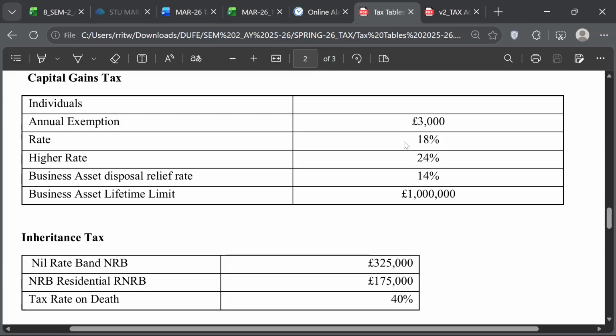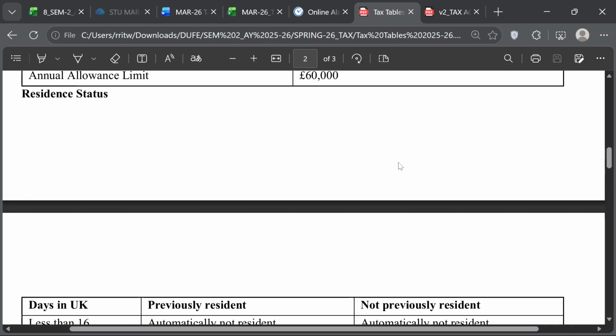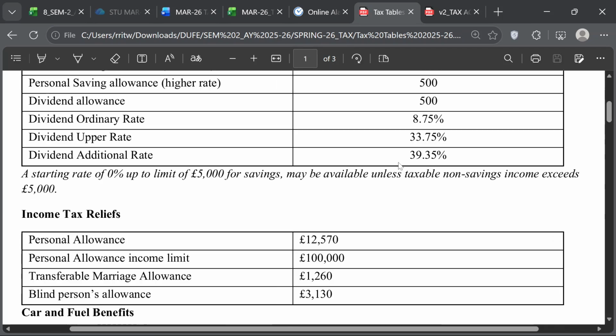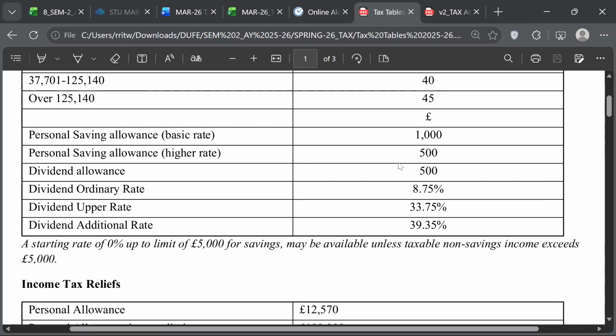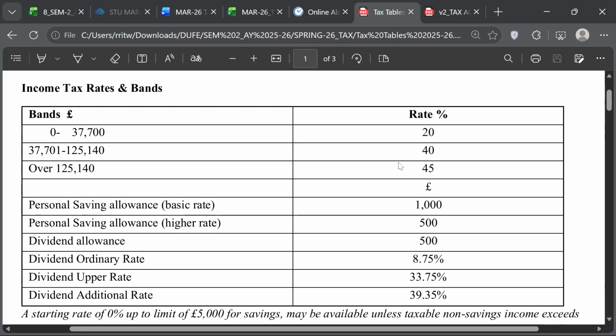And this 18% and 24% is just like your dividend income. Ideally, just like I told you, the dividend rate should have had this picture over here dropped into this, but I have done it in your student spreadsheet file.